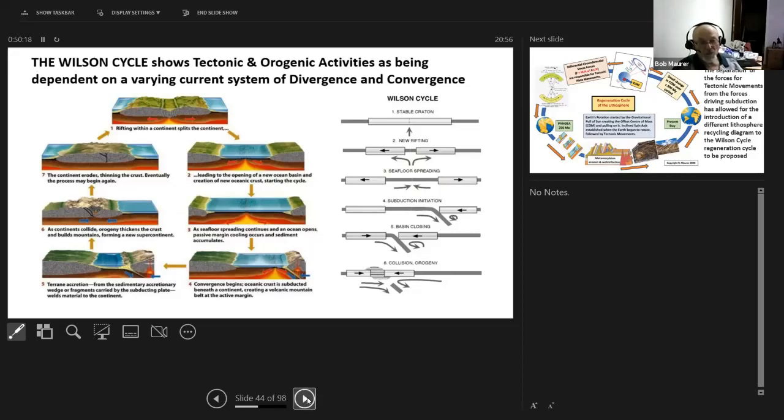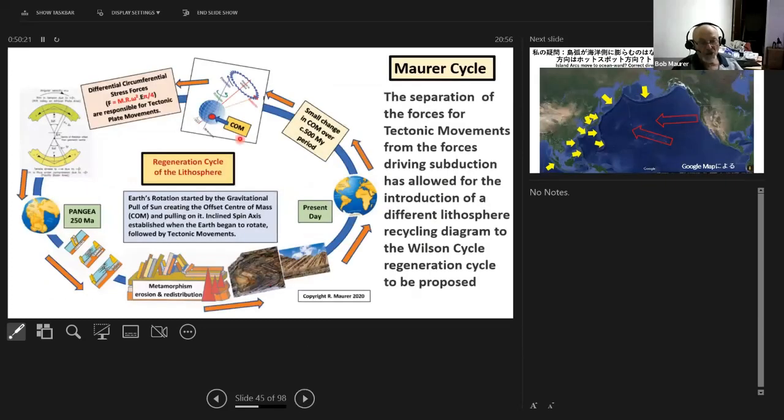I'm challenging you. There's the Maurer cycle. There's our Earth being rotated by the sun. There's the equation which tells us how it's breaking up on the surface. There's seafloor stretching. We've got metamorphism, erosion, and redistribution. So over a period of 250 million years, we've gone from that shape of the crust to that shape.